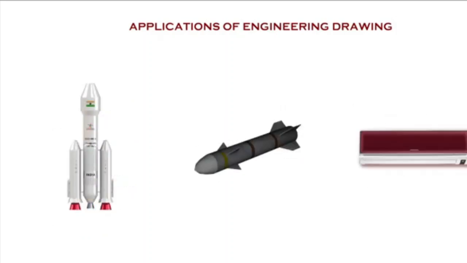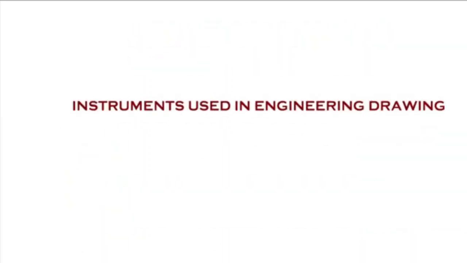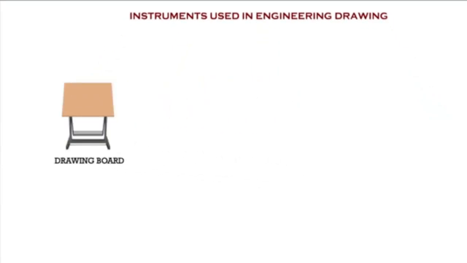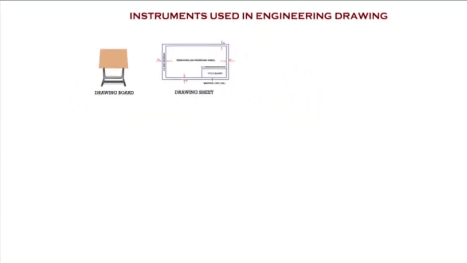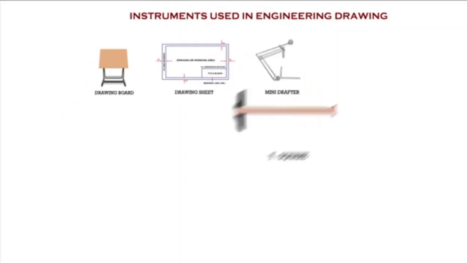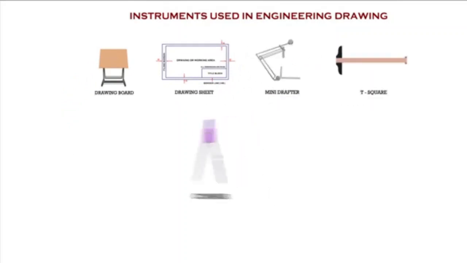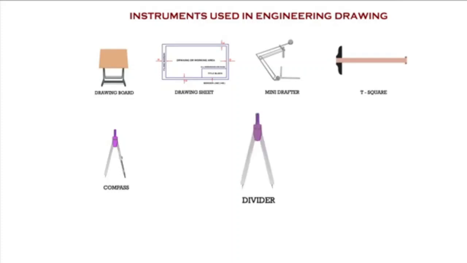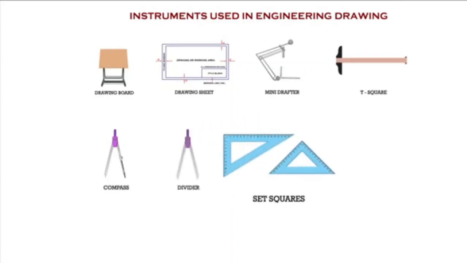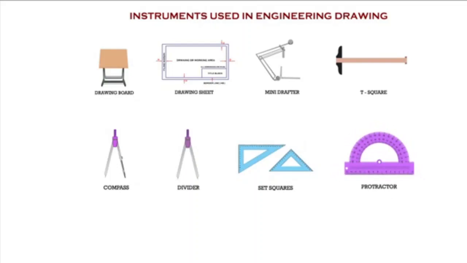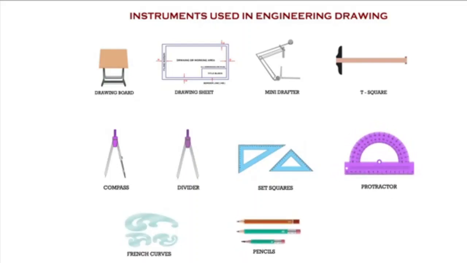Now we will see the various instruments used in engineering drawing. The drawing board is used, the drawing sheet, the mini drafter, then the T-square, compass, divider, set squares, protractors, French curves, pencils and eraser.